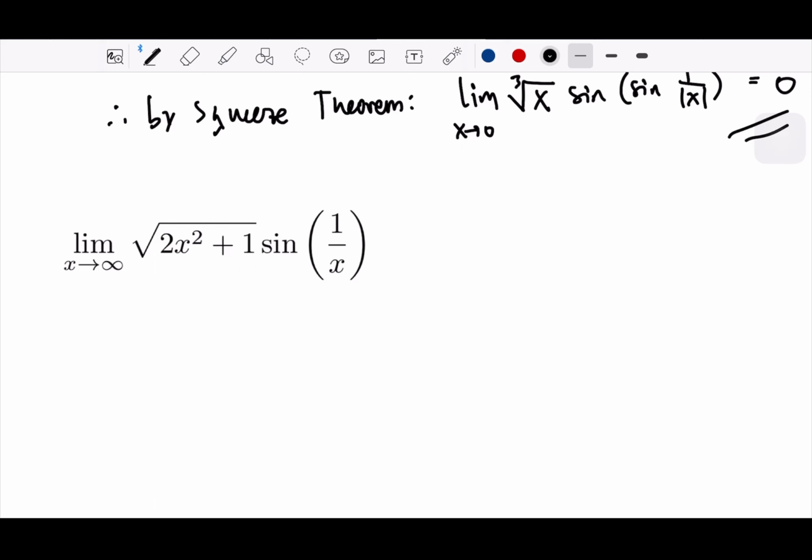The next is this limit. Okay. Maybe you are thinking to start with this limit, it's a limit at infinity. Maybe you are thinking to give this sine another squeeze theorem.